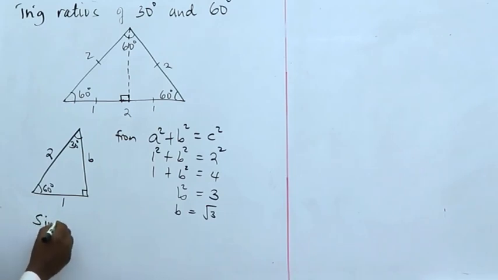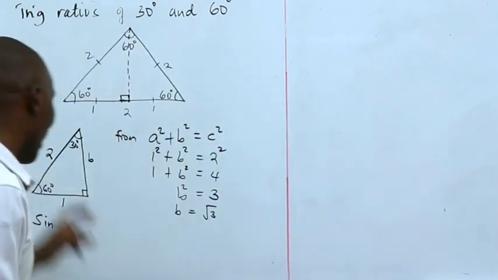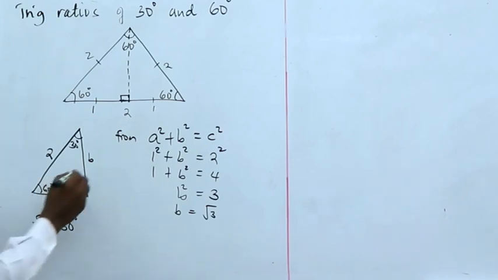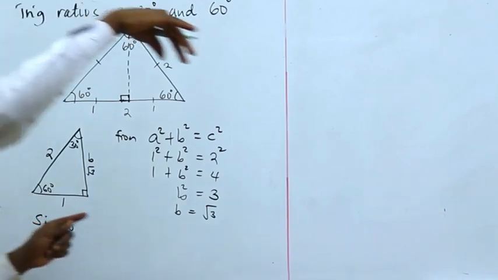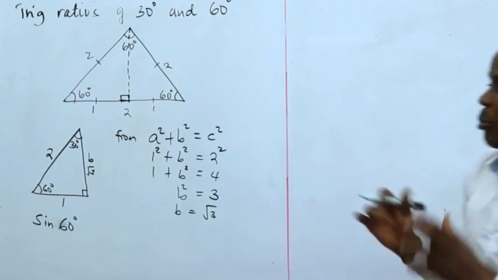Our subheading is talking about the trig ratios of 30 and 60 degrees. If I start with 60 degrees, I need to determine sine 60 degrees. So I've got this as root 3. From what we saw, we discovered that sine is opposite over hypotenuse.